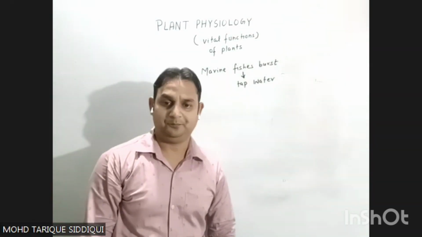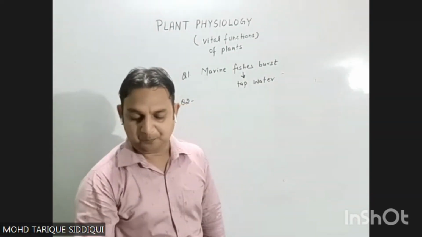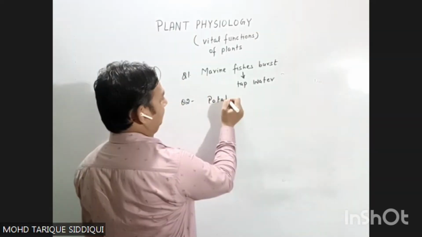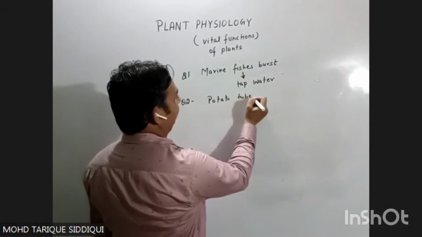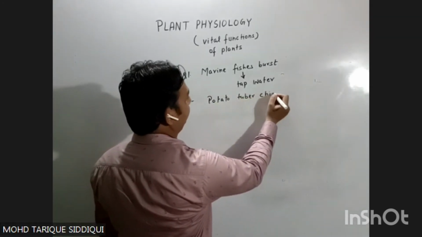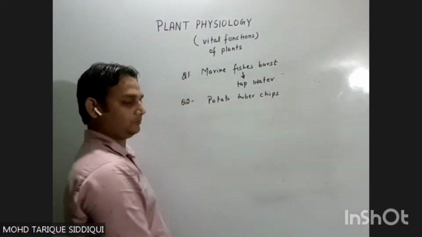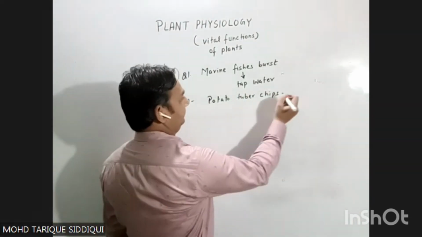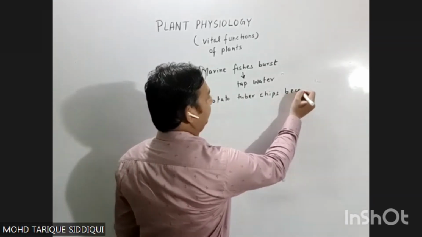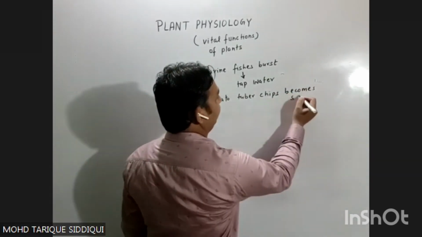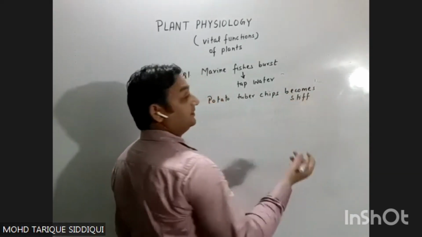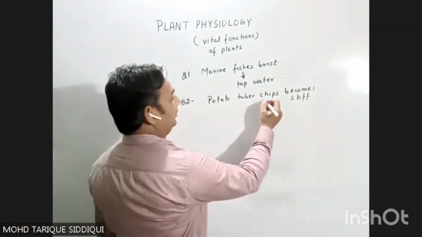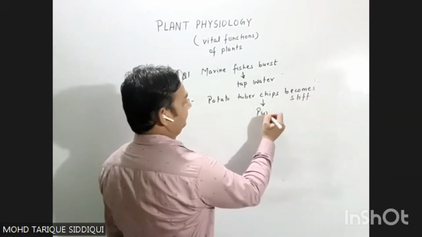Question number 2: potato tuber chips become stiff, meaning hard, meaning rigid, when they are placed in pure water.